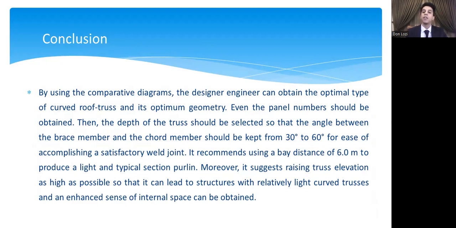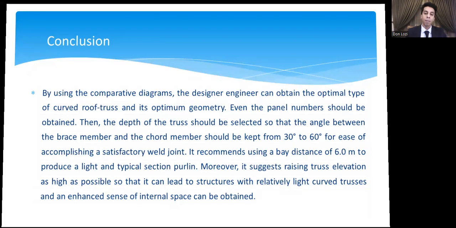It recommends using a bay distance of 6 meters to produce a light and typical section. Moreover, it suggests raising the truss elevation as high as possible so that it can lead to structures with relatively light curved trusses and an enhanced sense of internal space.